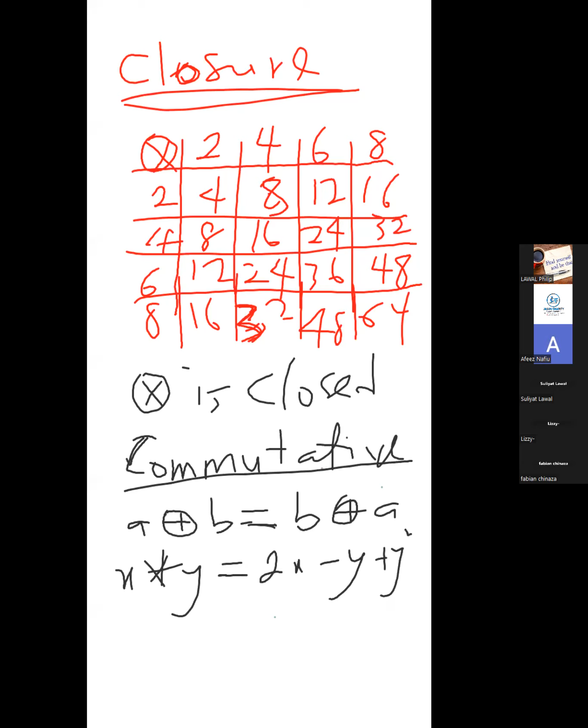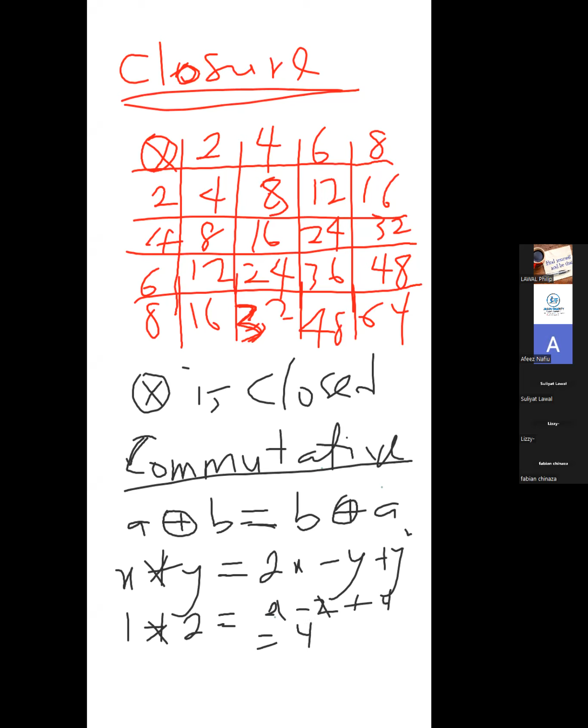And I'm looking for 1 star 2. So you know that your x is 1, your y is 2. So 2x, that will be 2, minus 2, plus y squared. 2 squared is 4. 2 minus 2 will go. So my answer is equal to 4.